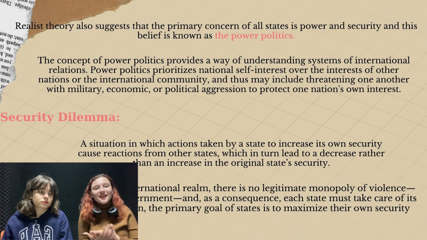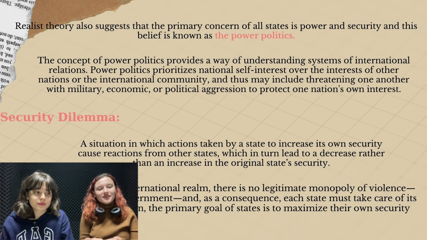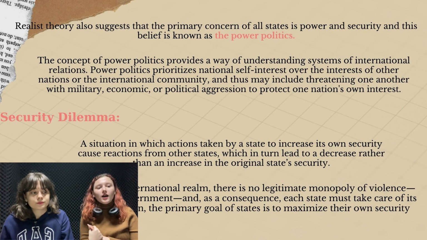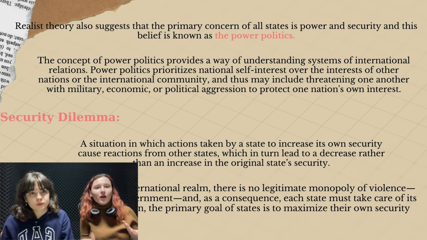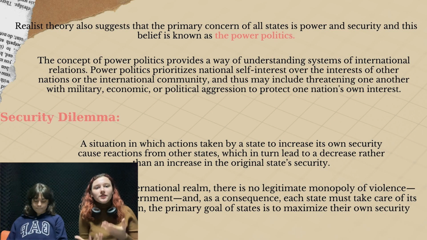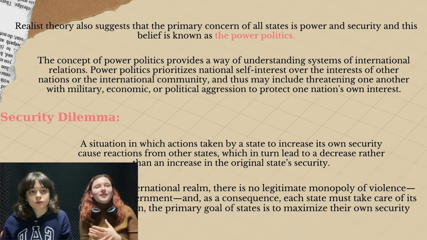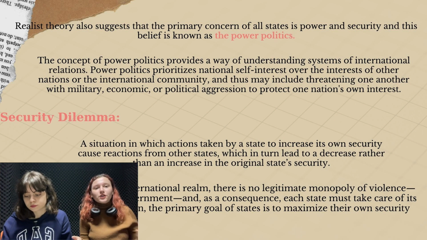Yeah, and that leads to our next basic assumption, which is the security dilemma. As Defna said, there is power politics going on, and this leads to states acting however they want. They can attack you at any moment in time. So there is a security dilemma in the international area, and realists believe that this is also inevitable.